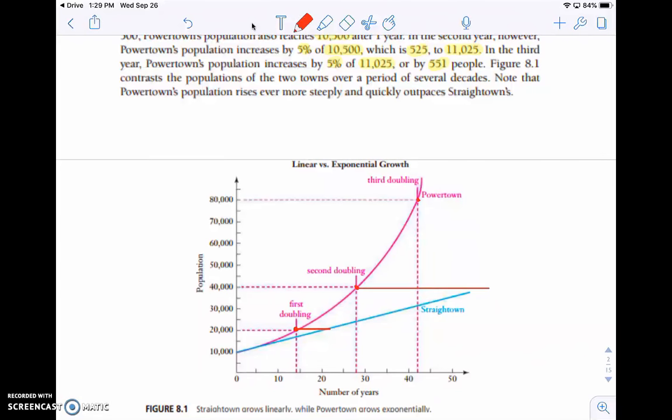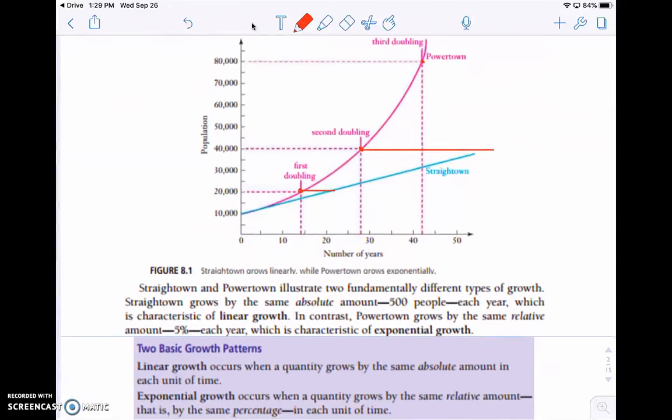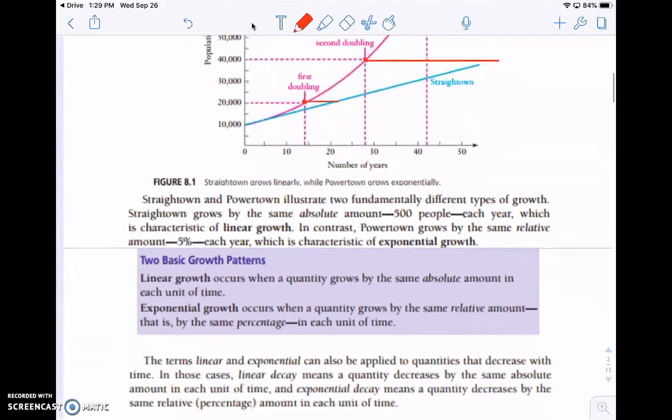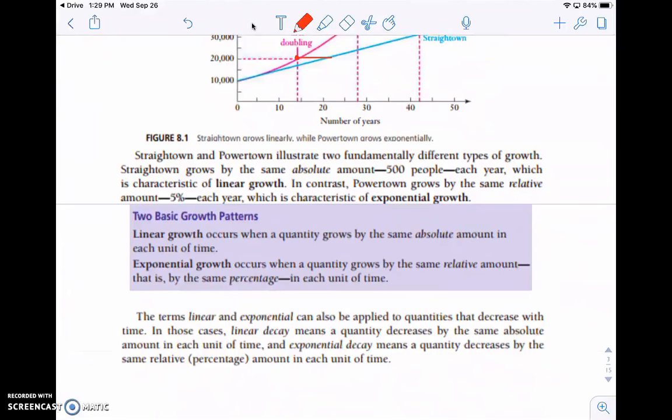So this idea of growing by a percentage rather than growing by a constant rate of change, we can see that percentage growth, which we call exponential growth, can really take off compared to a linear growth where you're adding that same rate. So again, these are two fundamentally different types of growth rates.